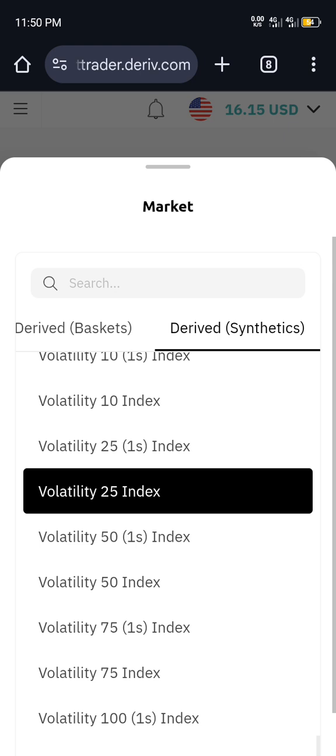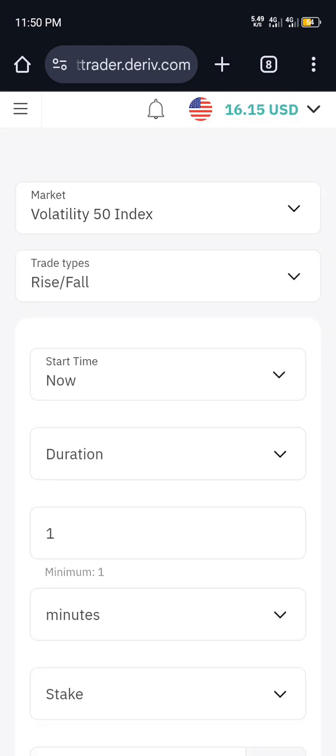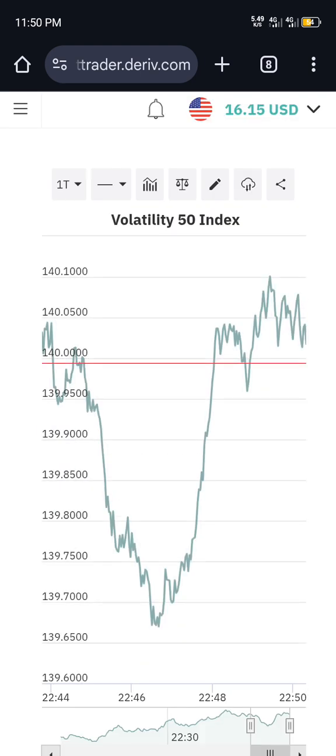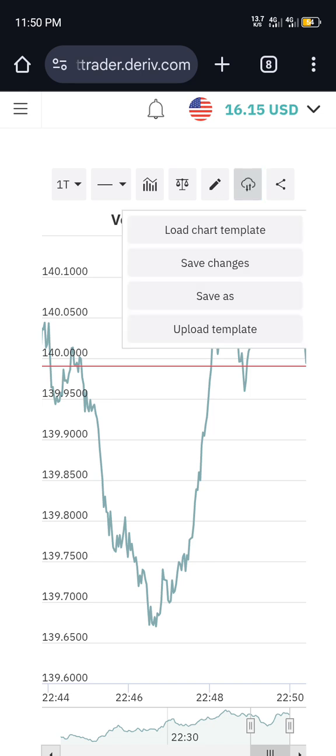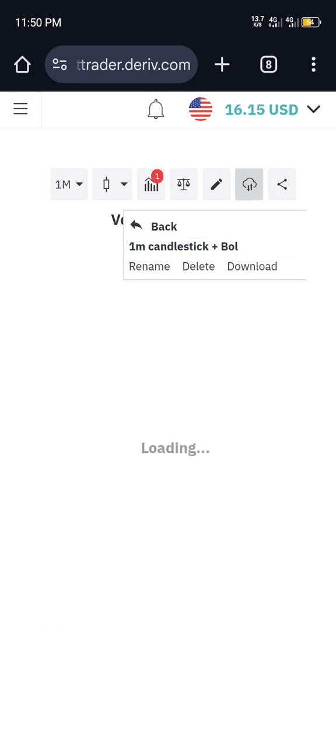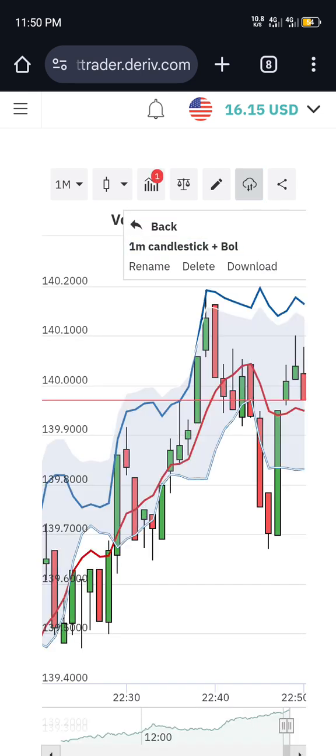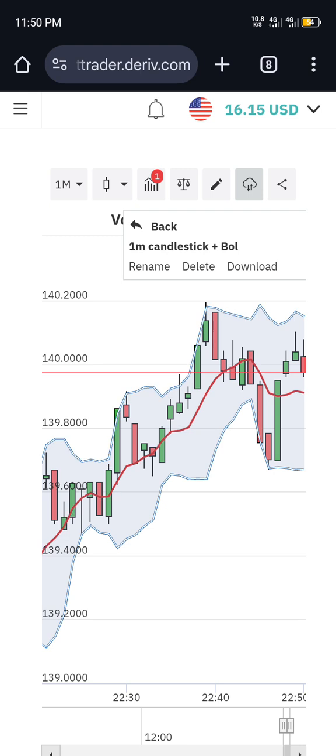Let's check other markets. This market is trying to retrace. Let's see if it will sustain. But I need a confirmation.